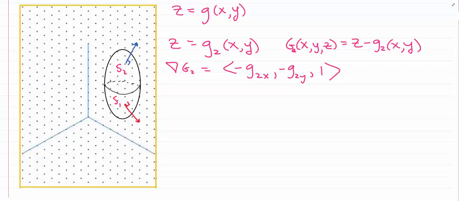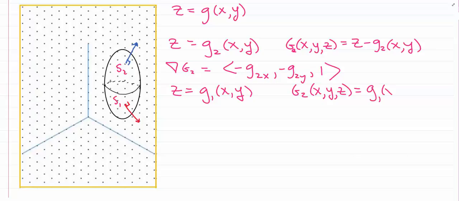Now, if you look at G1, the graph on the bottom, we have Z is equal to G1 of X, Y. If I write it in this form, we're going to have G1 of X, Y minus Z. And this is going to give us a normal vector pointing outward, down here.